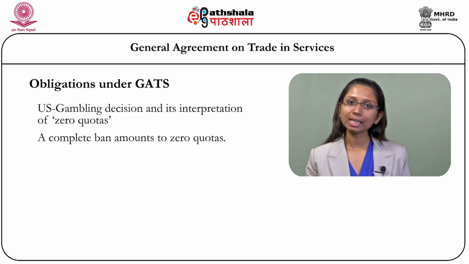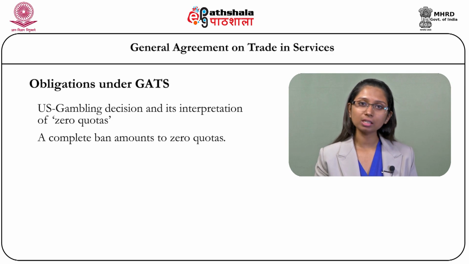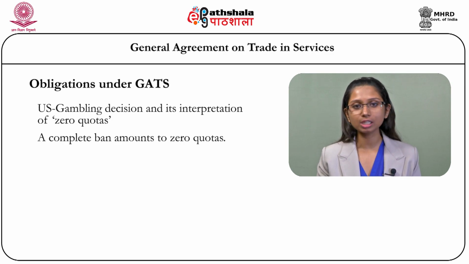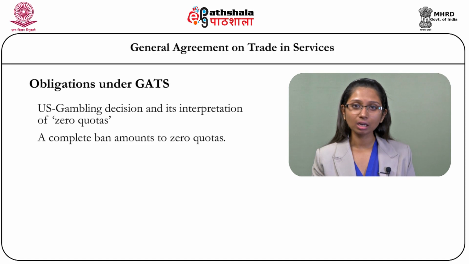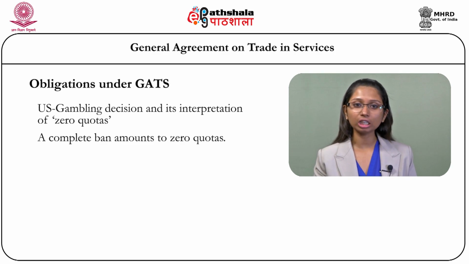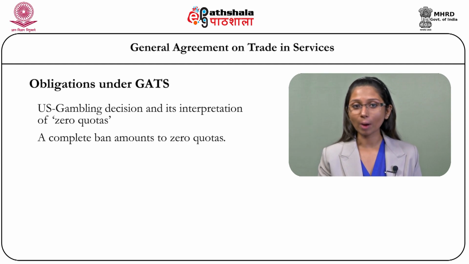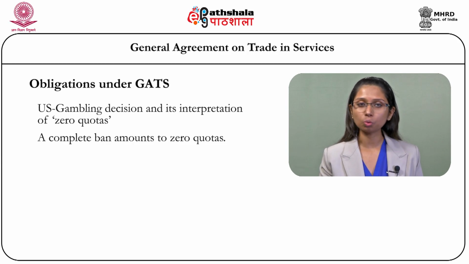However, the appellate body and the panels both were innovative to evolve this concept that a ban, which is a complete ban, is in the nature of a zero quota, which tends to attract the numerical value which is mentioned in Article 16 of the GATS, and therefore a ban being in the nature of a zero quota would stand in violation of Article 16 of the GATS framework.